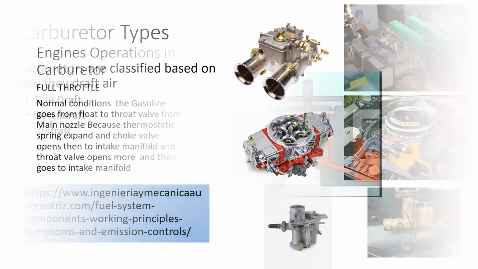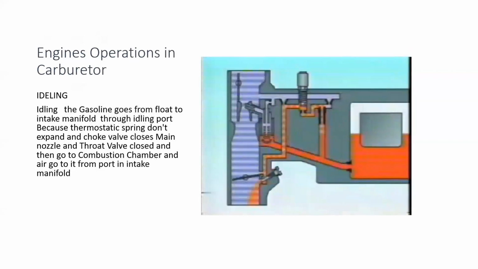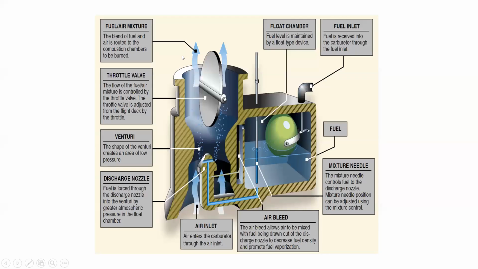So it has to climb a hill. When it started to climb a hill, let me go back to the diagram. If this fuel, when the vehicle is going downhill, if the float chamber fuel goes like this, then the whole of the fuel will be sent through this air bleed line into here, right?